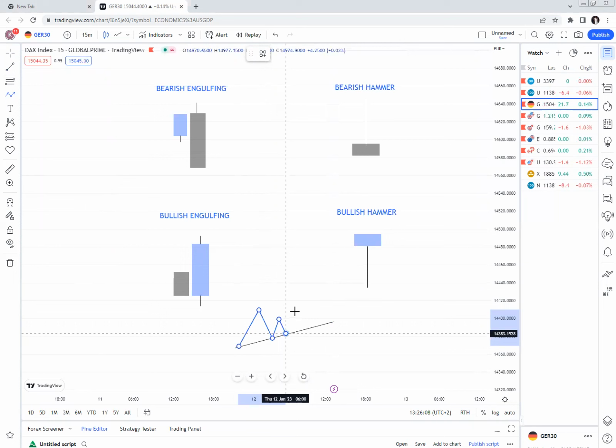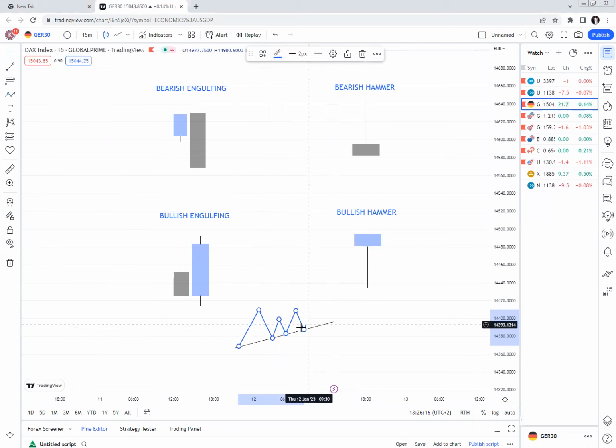Then it went up, and let's say it came back to touch that trend line again. So how do you know that the market is going to go up again? That's when the candlesticks come in. If I get the candlestick that I want on that trend line, then I'll execute my trades. So that's how I confirm my entries using candlesticks.